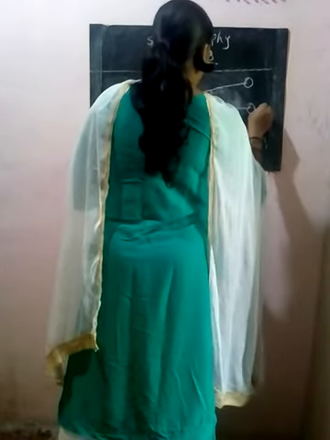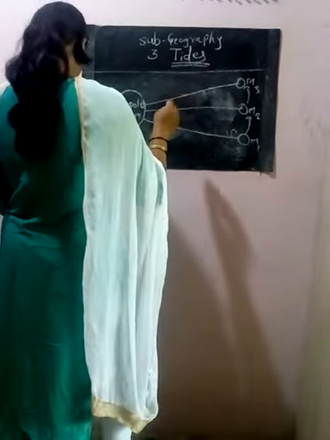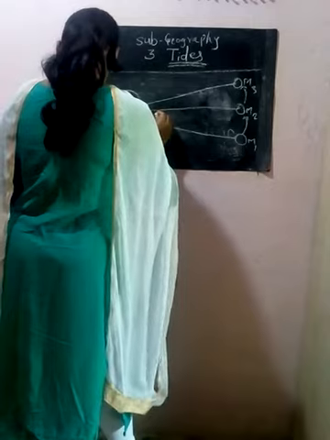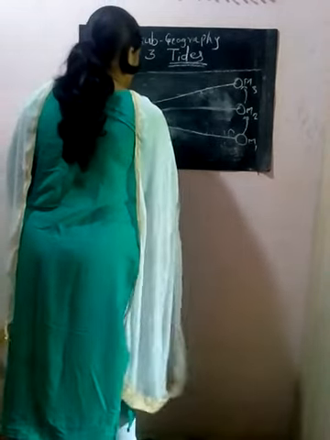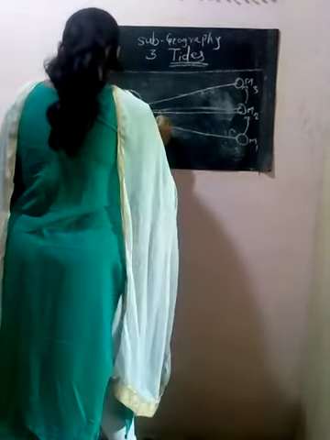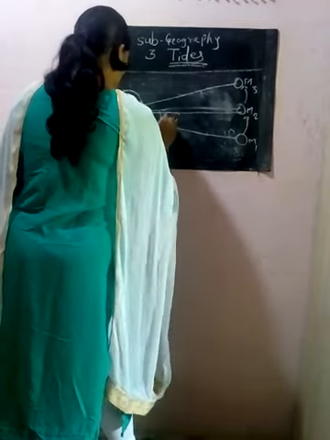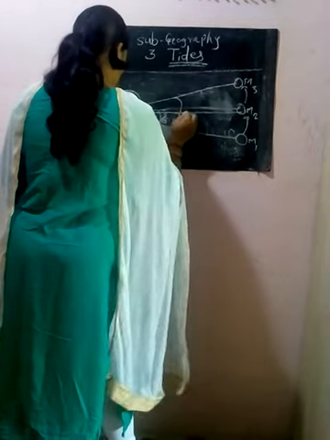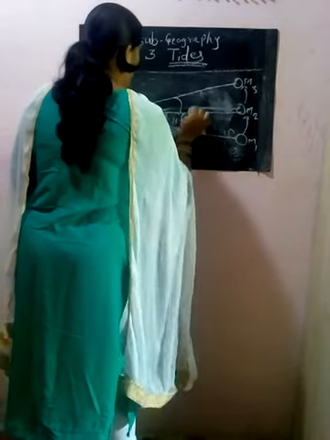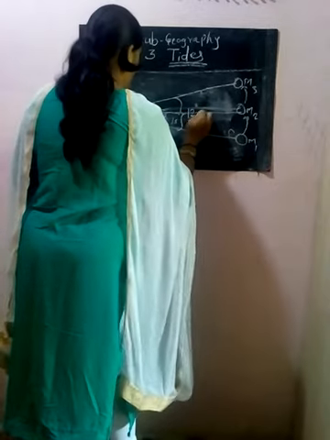Here M1, M2 and M3. Here one point. Here 6 degrees, then 15 minutes, and here a total of 12 minutes and 30 seconds.